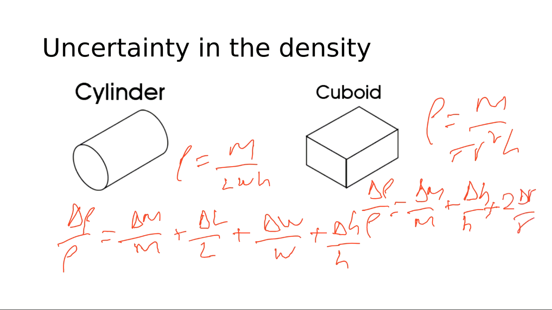Don't forget that. Because r is squared, make sure you put twice, because the error is going to be multiplied in that case. Anyway, that's the way you calculate that. So if you know all the values, you can calculate this, and then you can come up with delta rho, and that'll be the uncertainty, and the way you write the answer will be rho plus or minus delta rho.